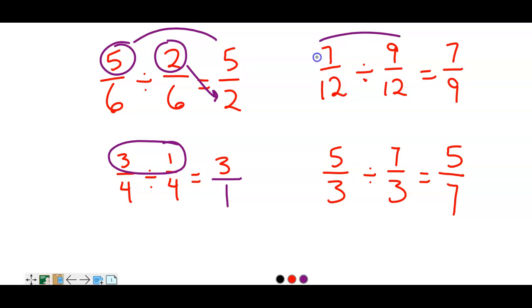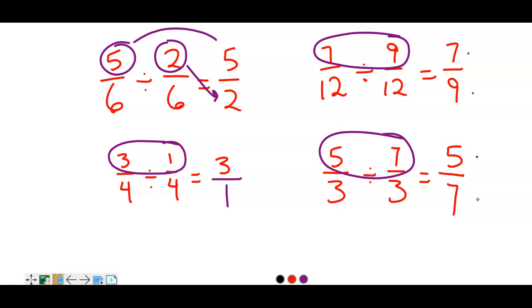We see the two numerators in 7 divided by 9 right here, 7 over 9, which means 7 divided by 9. We see 5 divided by 7. We see that in our answer right here, 5 divided by 7. We also see that the denominators are the exact same, so we have common denominators, and then our answer is really just our two numerators. And that's true.